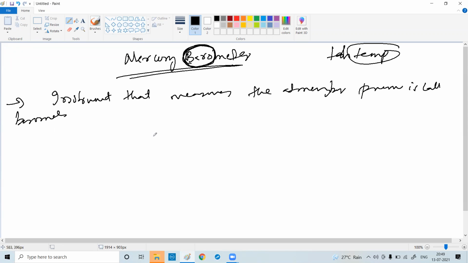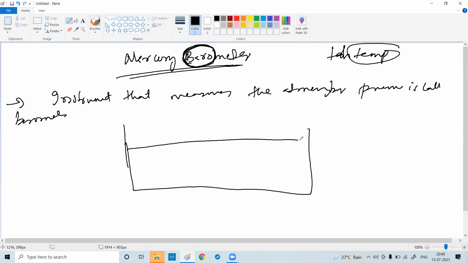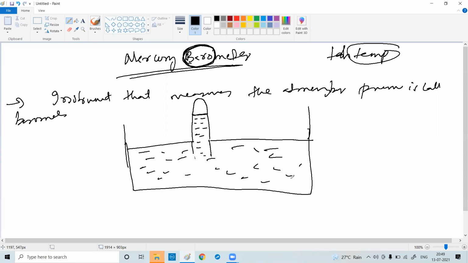Okay, so what happens? We'll take a vessel, we'll put a liquid, and we will put a test tube upside down in such a way that inside it is a vacuum.